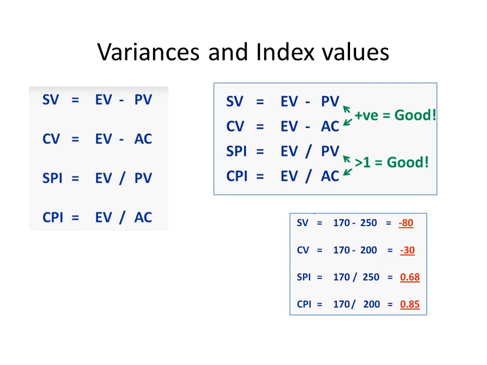And we can also work out some indices. We can divide the EV by the PV, and if that's bigger than 1 we're doing better than we thought, and if EV divided by AC is greater than 1, that's also good. And that slide explains how the SV was calculated, so the CV, etc.